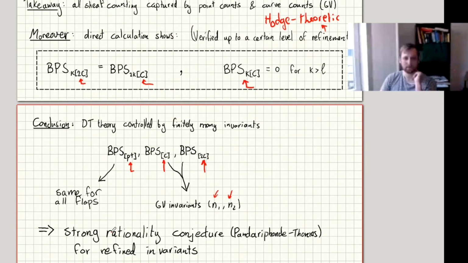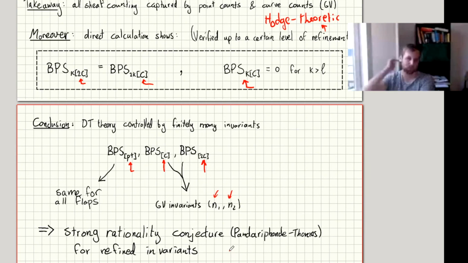Right. So this statement that these specific refined invariants completely determine the DT theory is part of a conjecture, or a refined version of a conjecture by Pandharipande-Thomas called the strong rationality conjecture. So you can actually verify that this holds in these cases.